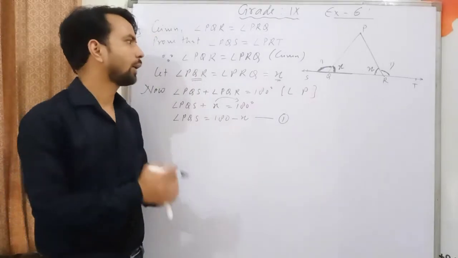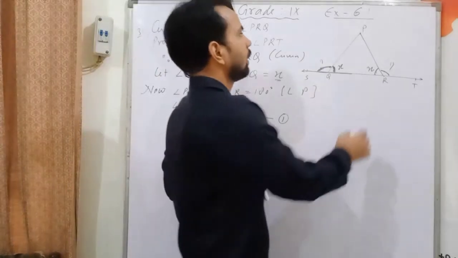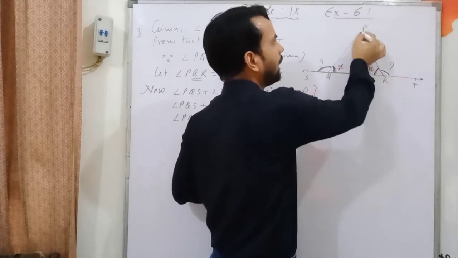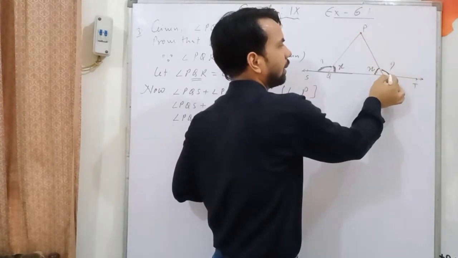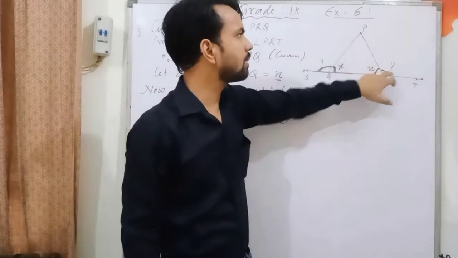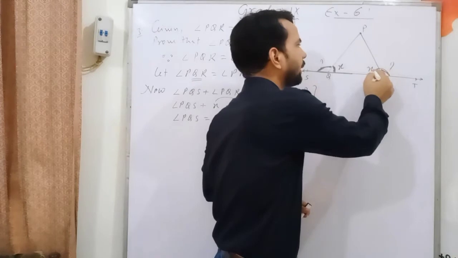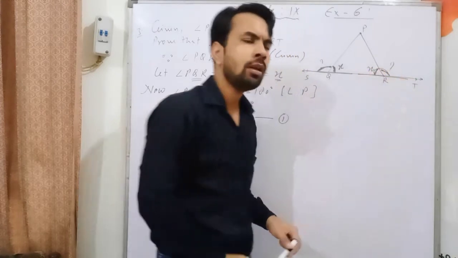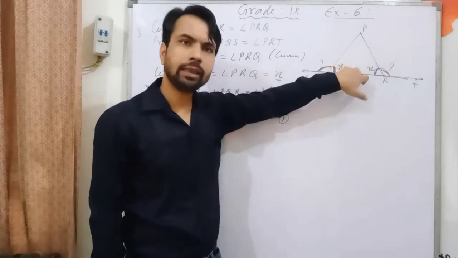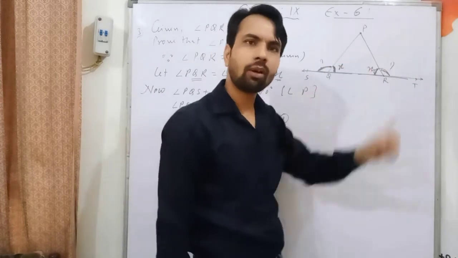Got it? Okay. Similarly, the angle PRQ, this angle, and PRT, this angle, they also form a linear pair because the sum of these two angles will be 180, as they form a straight line here. So these two angles are a linear pair, so their sum will be 180 degree.